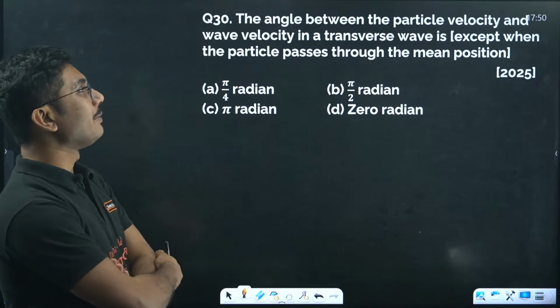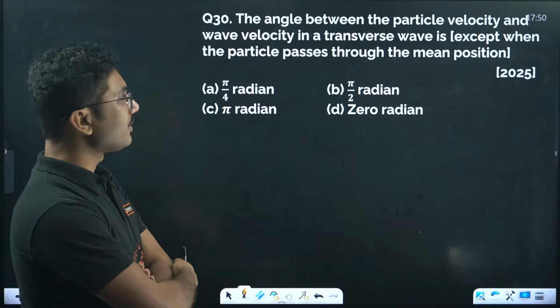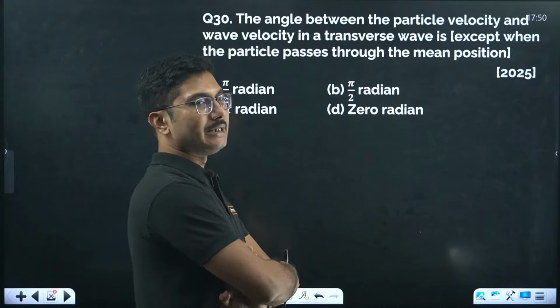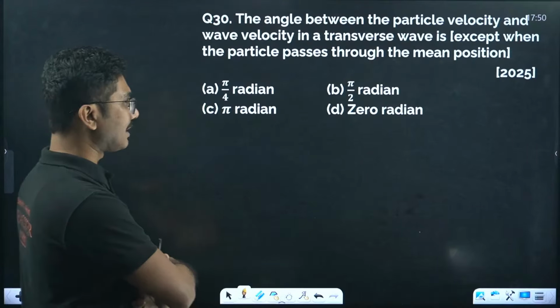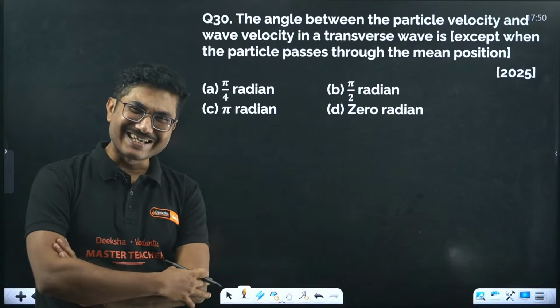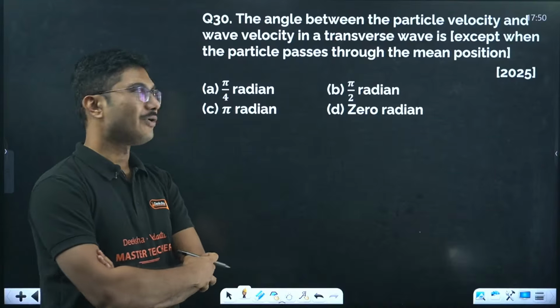The angle between particle velocity and wave velocity in a transverse wave is, except when the particle passes through the mean position. I don't know why they have given this exception. This question came in 2025. If you know this, it is a very easy question; if you don't, it will be very difficult to answer.